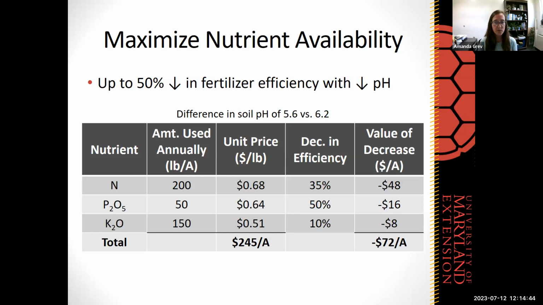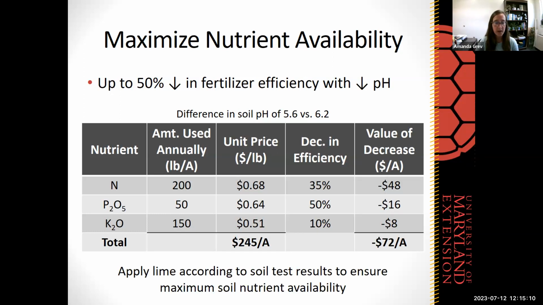For this example, it's about $72 per acre that we're essentially losing. We're still applying that fertilizer, but because it's not available to the plant, it's essentially a wasted application, right? So we're losing close to, what is that, a third or so of what we've applied to those plants. So just by changing the pH, we can increase the availability of our nutrients.